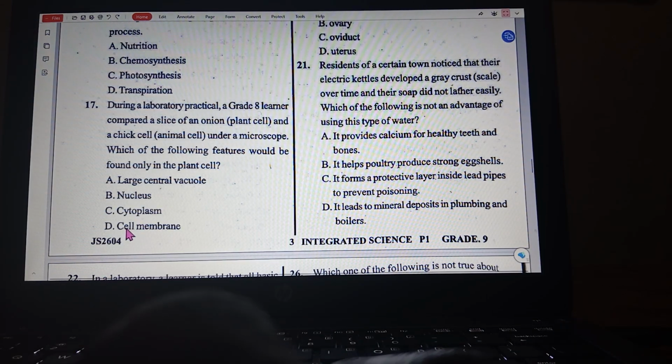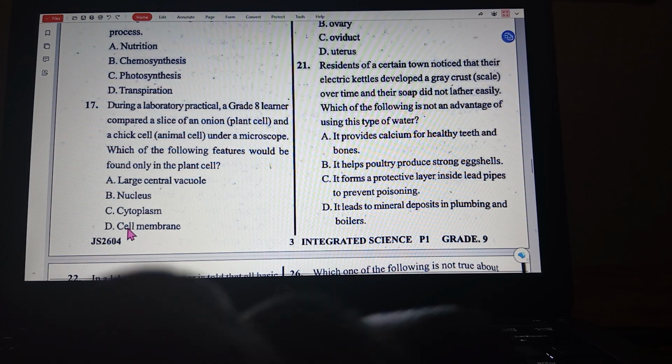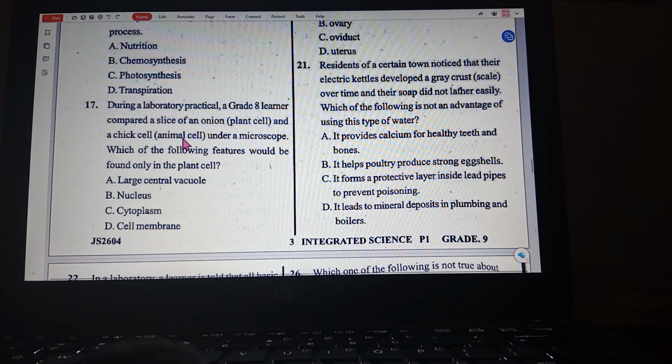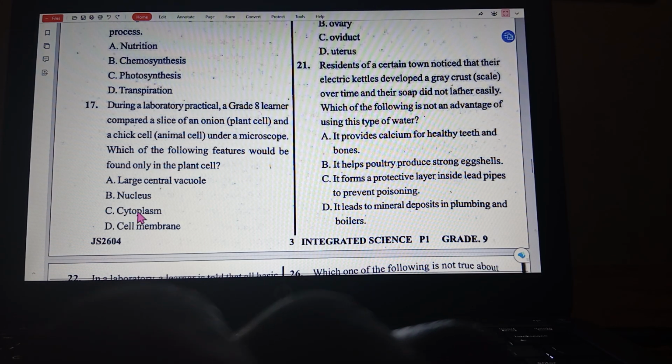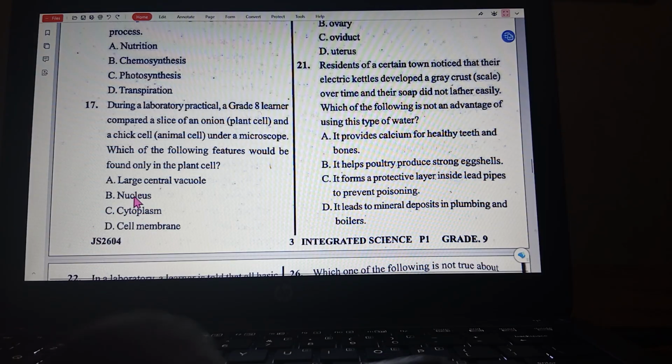Let's begin with the cell membrane. The cell membrane is there both in a plant cell and animal cell. The cytoplasm is there both in an animal cell and a plant cell. The nucleus is present both in a plant cell and animal cell.